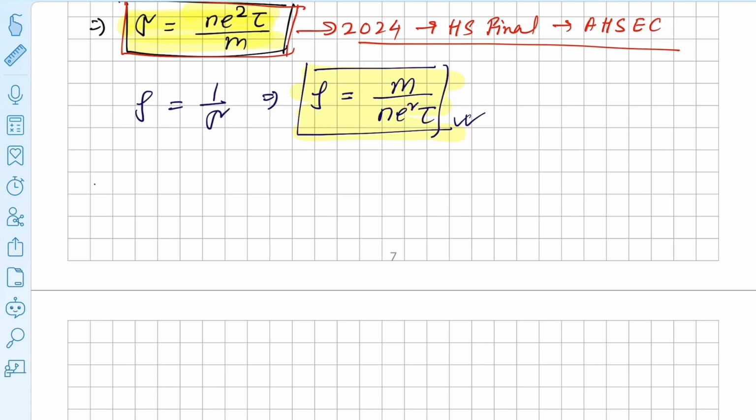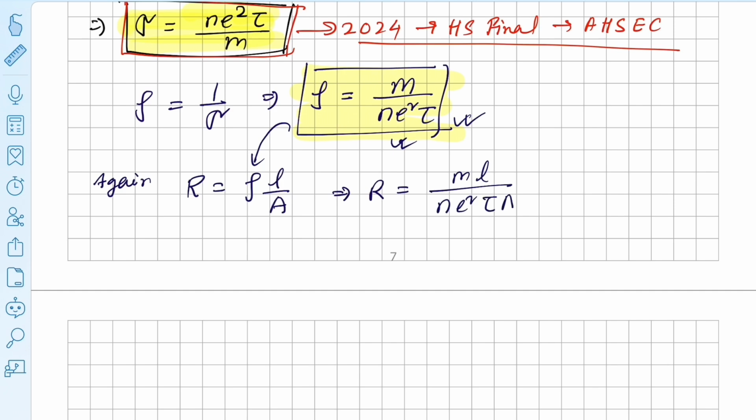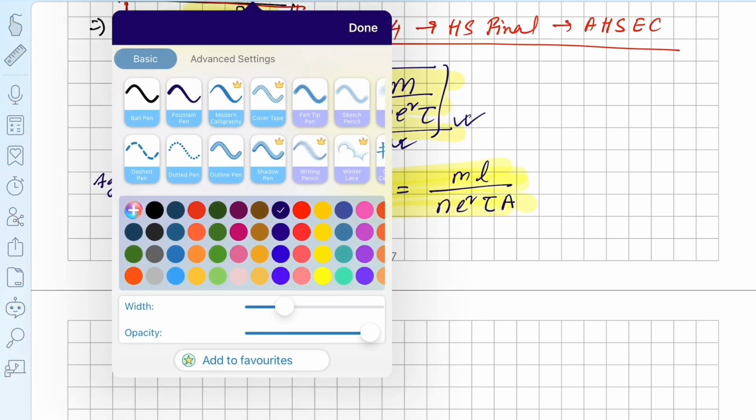And one more thing, we know that R is equal to rho L by A. If we replace this rho by this result, then we get R is equal to m L by n e square tau A. This is also a very important relation.